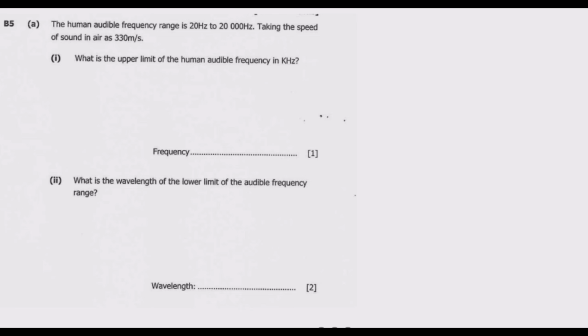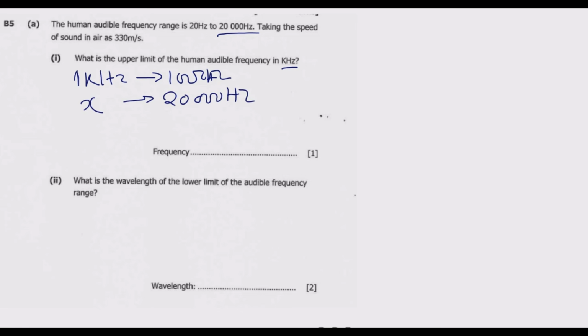What you notice in this case is the upper range is 20,000. How many Hz are in a kilohertz? 1 kilohertz is equal to 1,000 Hz. So what we want is, what is X in kilohertz, when we have 20,000 Hz.